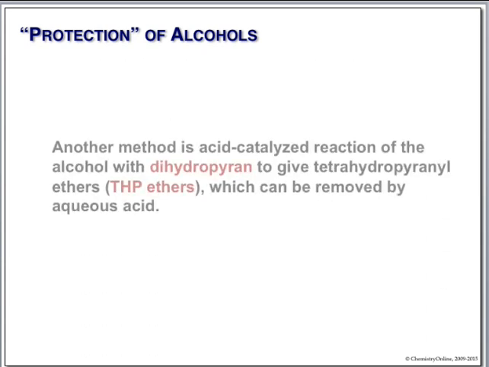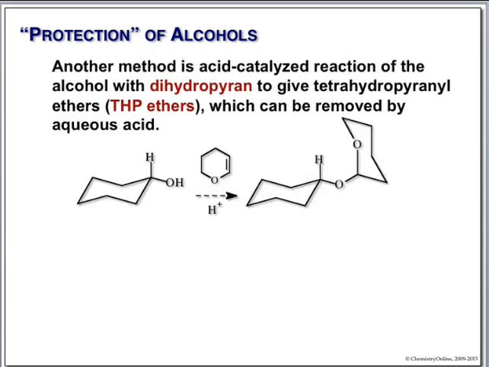Another one that's just really fun to think about is dihydropyran. Dihydropyran reacts with alcohols in the presence of acid. This is it, dihydropyran, to form ethers. Ethers do not react with Grignard reagents.